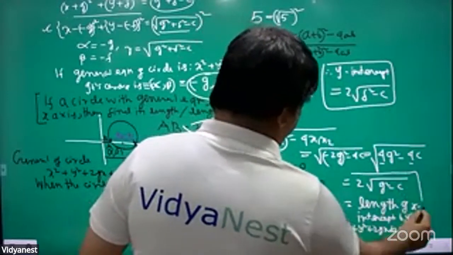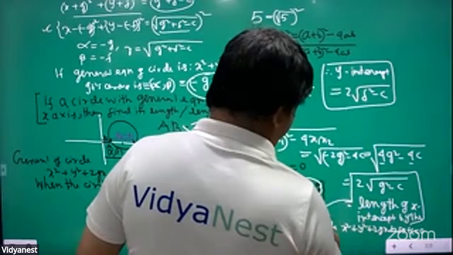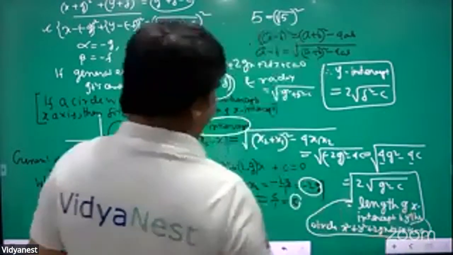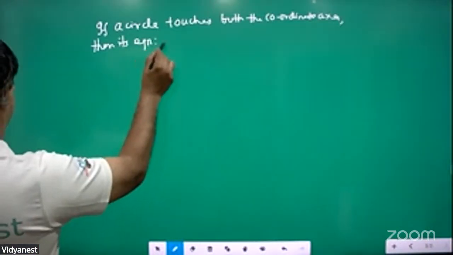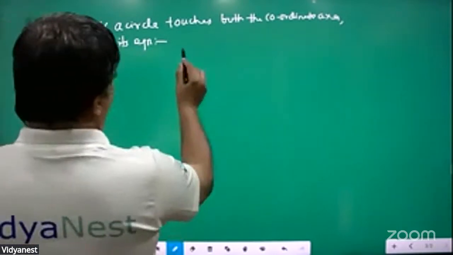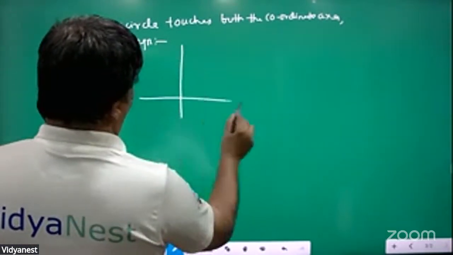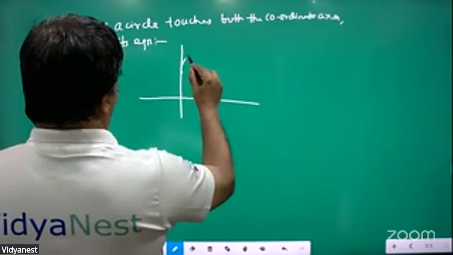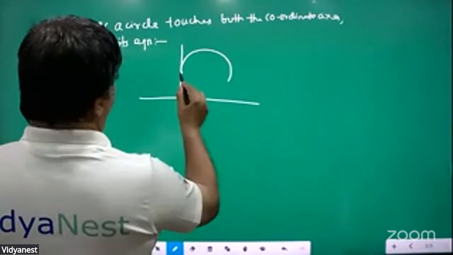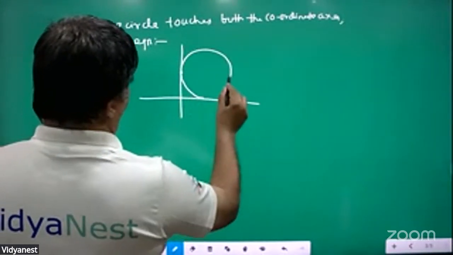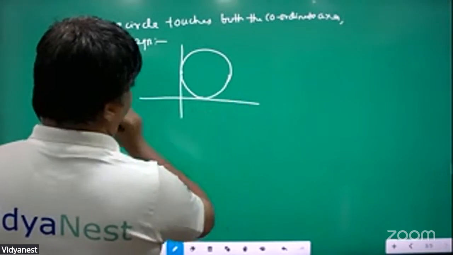This is the x-intercept. Now, consider a circle whose equation is like this, and it touches both the coordinate axes.